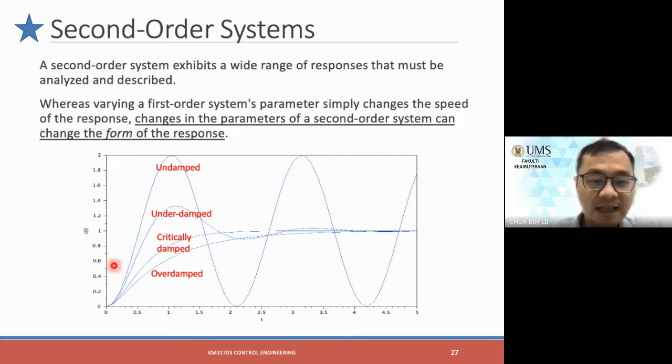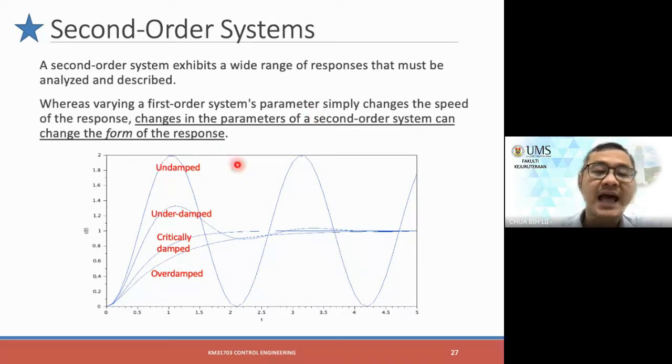We can see that there are oscillations in sinusoidal form, and we usually define this as a second order system, because the second order system shows a wide range of responses. This form continues from maximum to minimum to maximum and back to minimum, continuously like a sine graph, a sinusoidal graph.